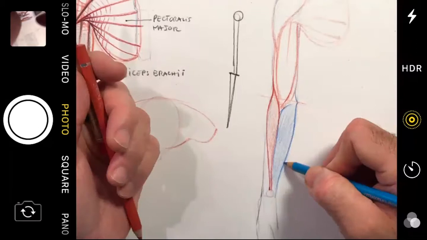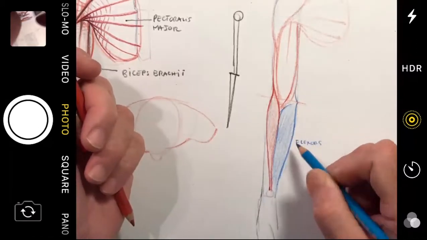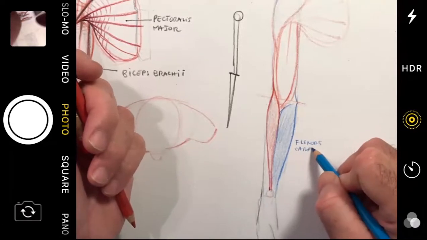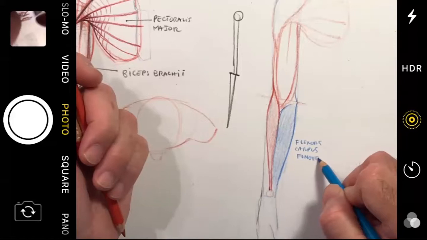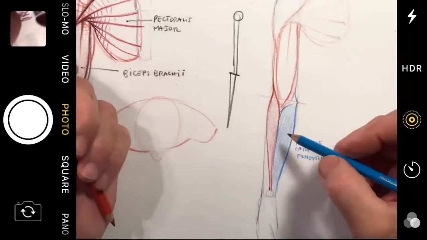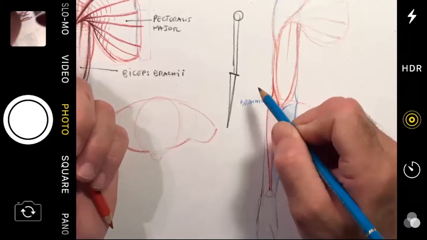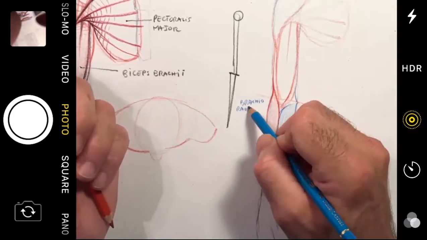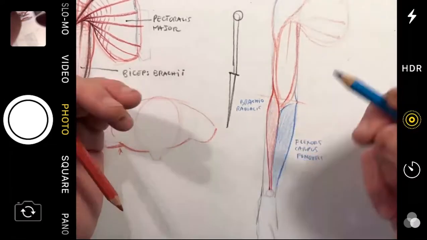So flexors of the carpus and fingers, right? Brachioradialis, this brachioradialis. And here now, I see another group of muscles.